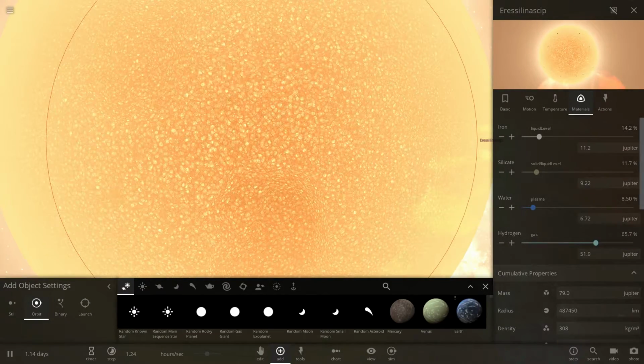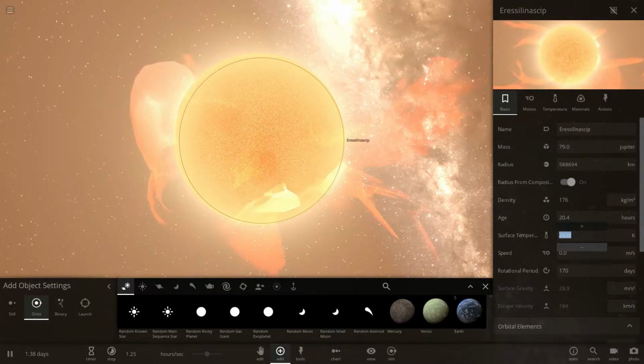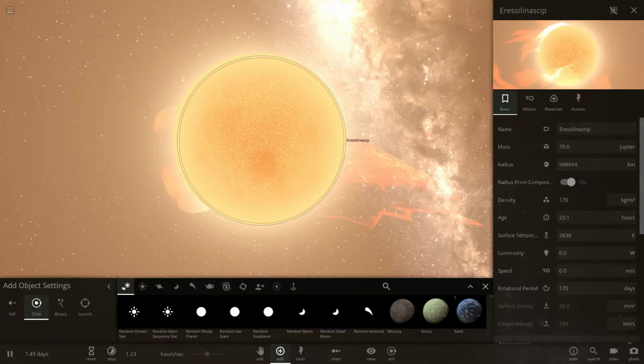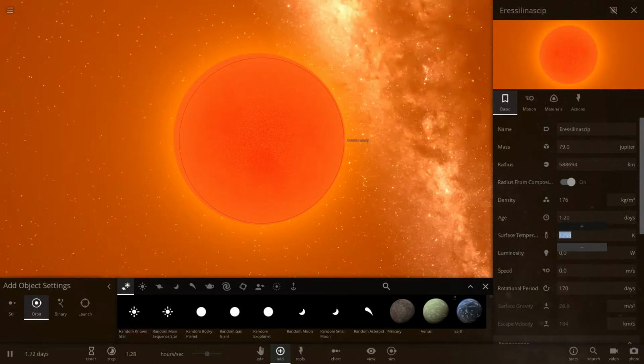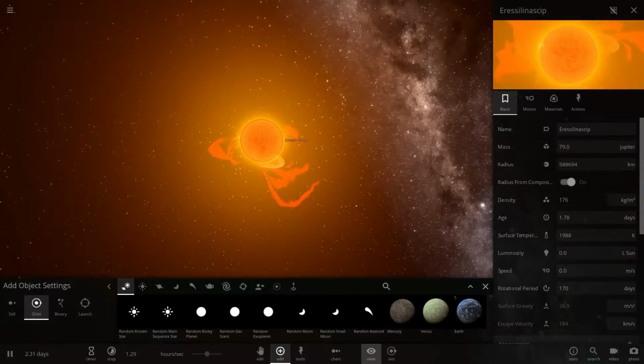There you go. 100% hydrogen. I'm going to decrease its temperature, so I'm going to put it around 1900 degrees. Okay. And then put habitable.